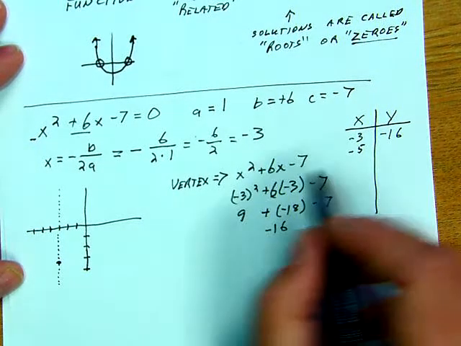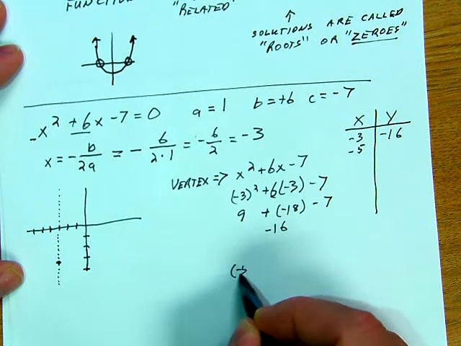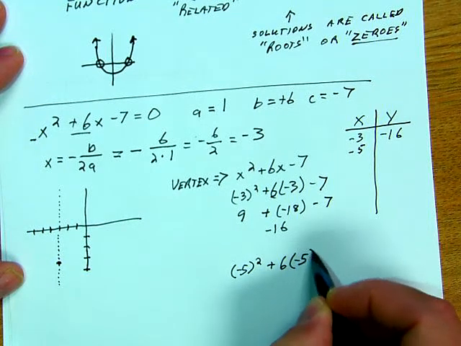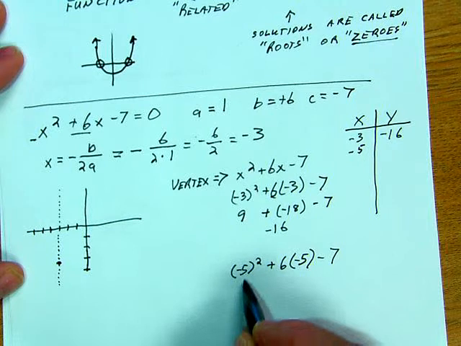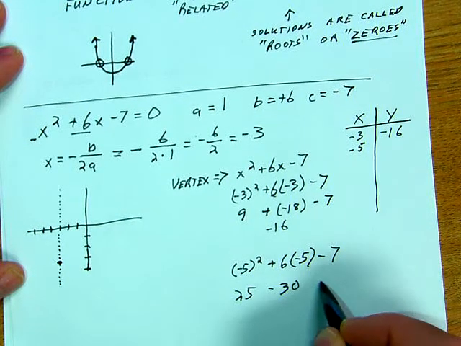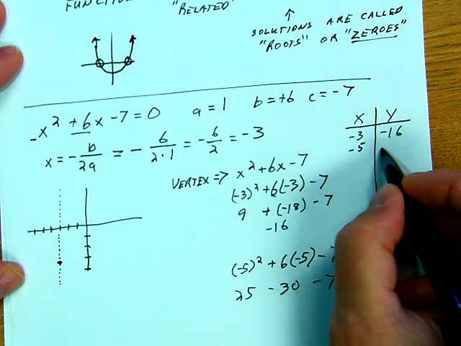So negative 5 plugged in is negative 5 squared plus 6 times negative 5 minus 7. Negative 5 squared is 25, minus 30, minus 7. So 25 minus 30 is minus 5, minus 7 is minus 12.